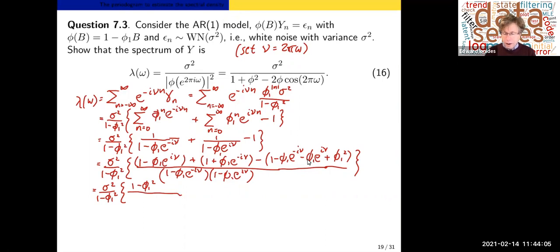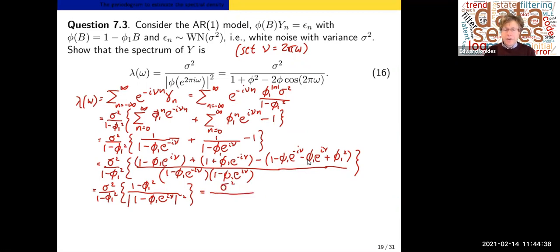And then this thing on the bottom, 1 minus phi 1 e to the minus I nu, 1 minus phi 1 e to the plus I nu, I can write this as the absolute value of 1 minus phi 1 e to the I nu squared. And then the 1 minus phi 1 squareds cancel, and so I get sigma squared on the numerator.